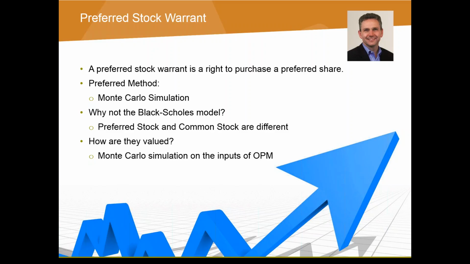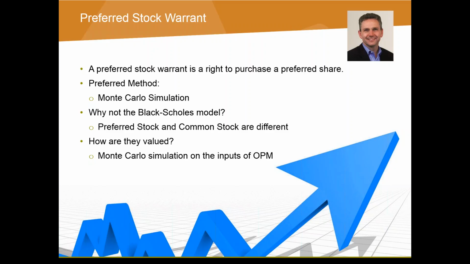So what you do is you simulate the overall enterprise value and then run the future value through a waterfall allocation model, and that gives you the corresponding value of the preferred stock, and that again gives you the payout for the warrant.